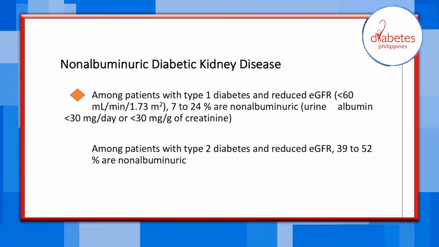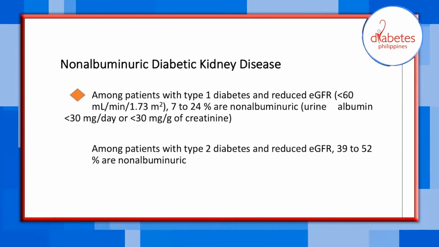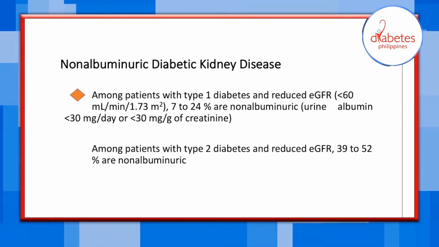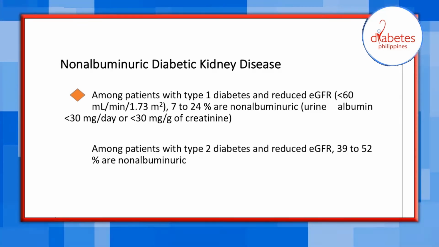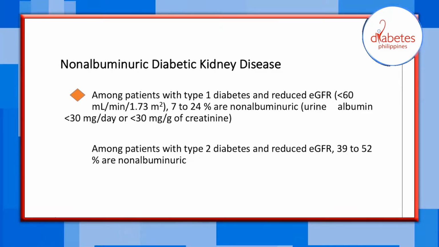Another subtype is non-albuminuric diabetic kidney disease. This is among patients with type 1 diabetes with reduced eGFR of around 7 to 24%, while among patients with type 2 diabetes and reduced eGFR, it's around 39 to 52%.